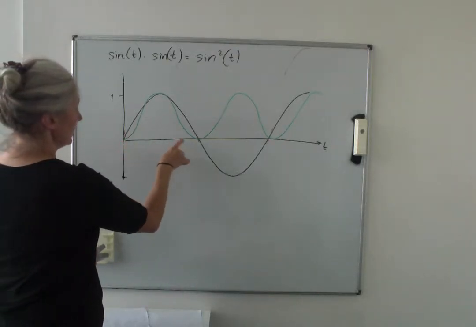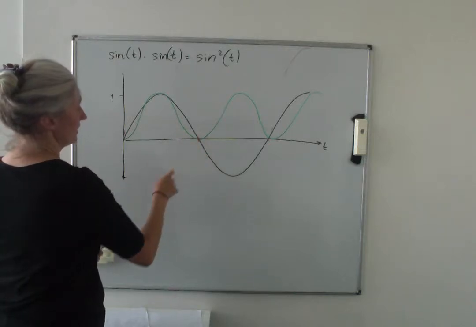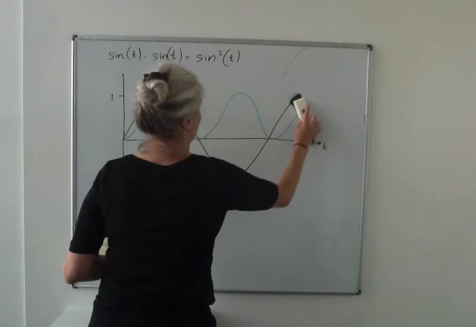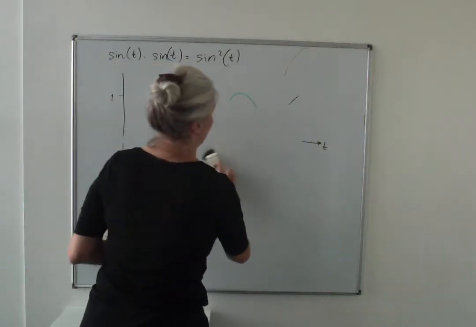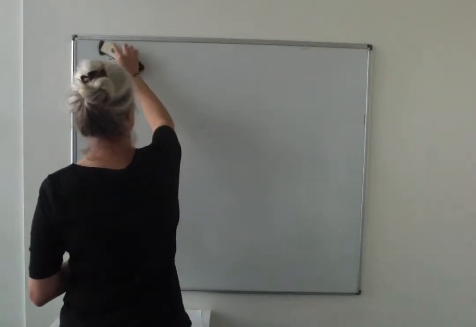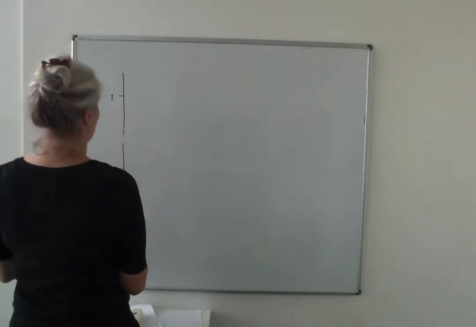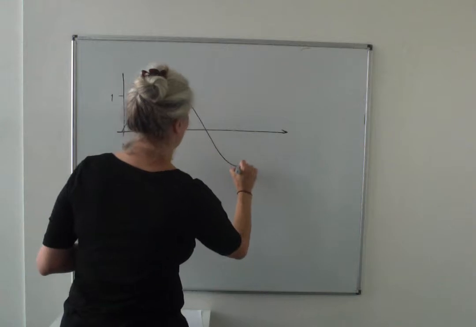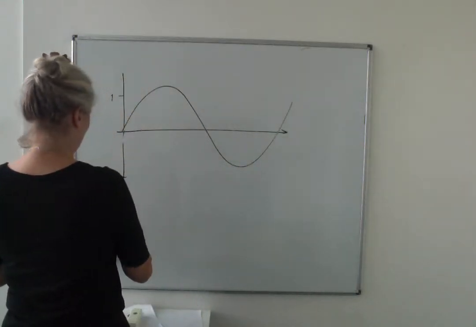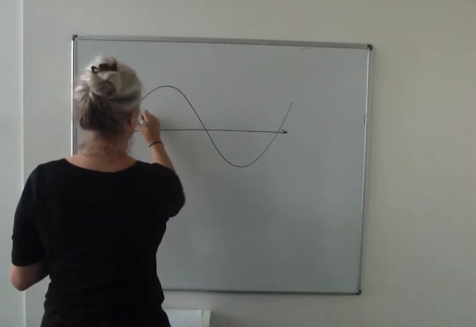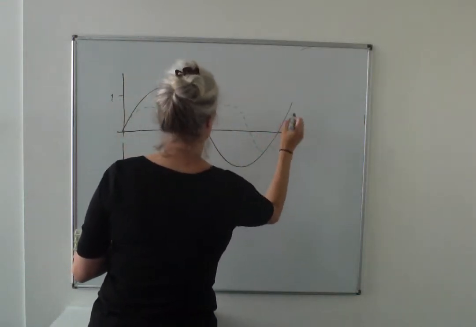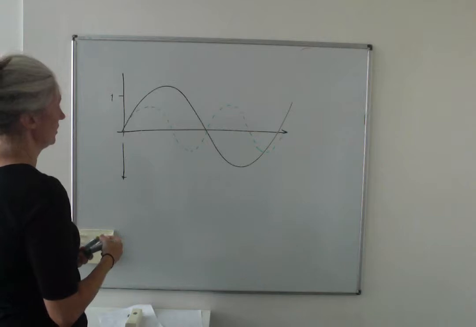You also notice that anything multiplied with 0, of course, is 0. So if we were to have another signal added, where the frequency was double that of the original.